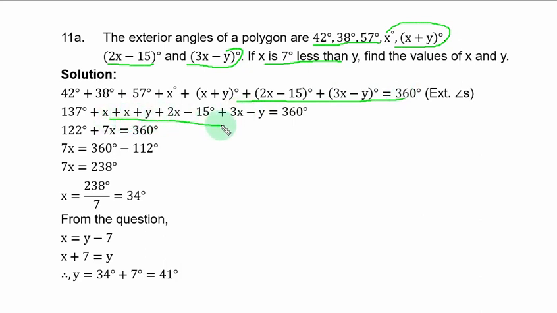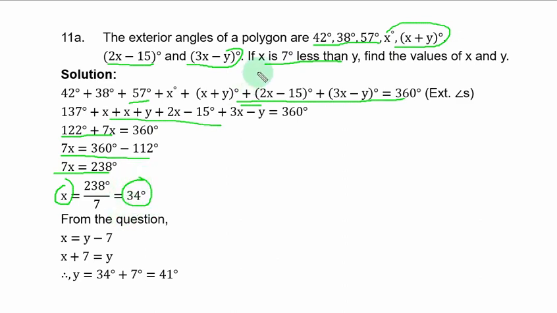If you add like terms, you have 122 degrees plus 7s equal to 360 degrees. Notice that plus y minus y is equal to 0. If you collect like terms, you have this result. If you subtract, you get this. To get s, divide both sides by 7, and s is 34 degrees.